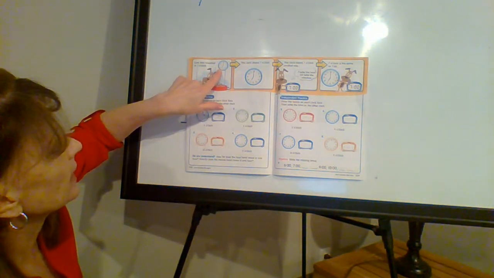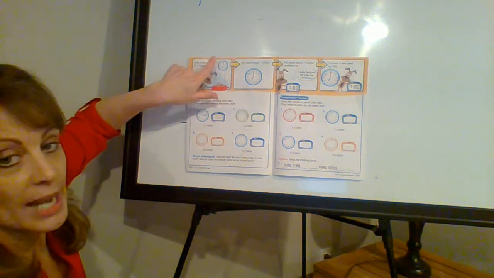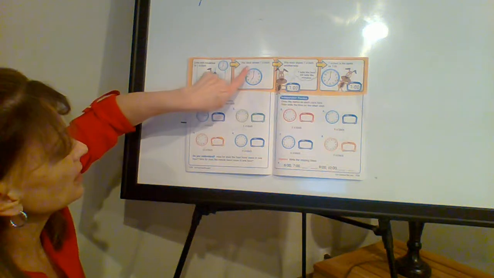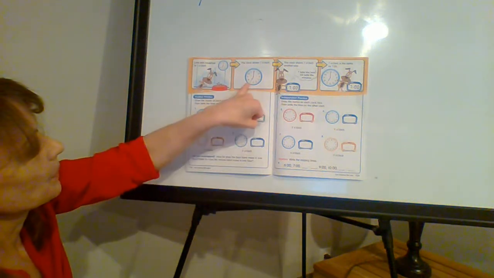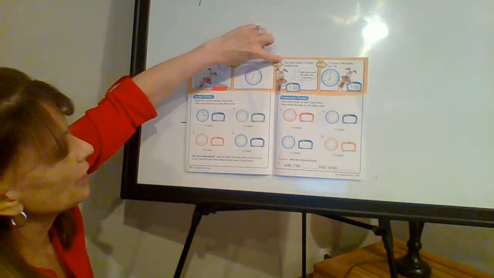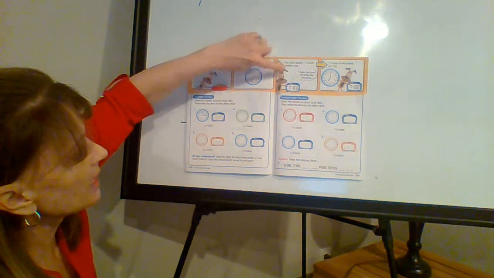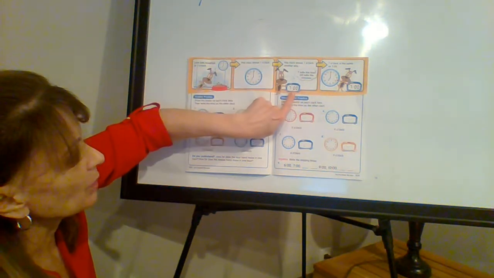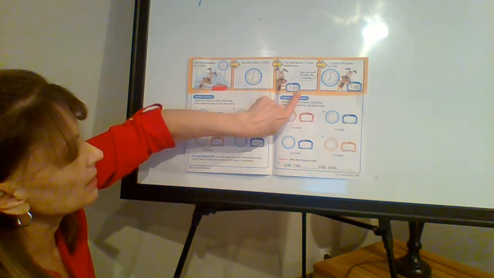We see the little hand is on the 7 and the minute hand, the big hand is on the 12. This clock shows 7 o'clock. 7, when it's on the 12, we say o'clock. This clock shows 7 o'clock another way. 7 tells the hour, 0, 0 tells the minutes.